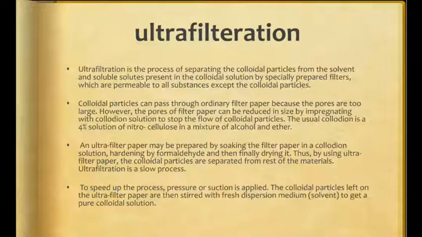So ultrafilter paper is prepared simply by soaking the filter paper in a colloidal solution, hardening it by formaldehyde, and then finally drying it. Thus by using ultrafilter paper, colloidal particles are separated from the rest of the materials.